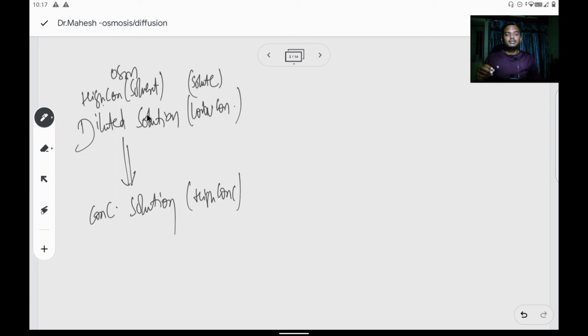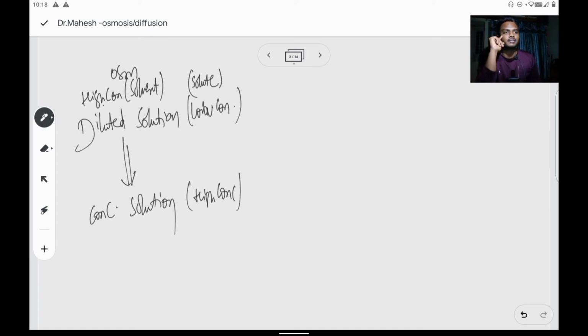Why am I trying to tell you this many words? There is a difference in literature. In some books they tell from diluted solution to concentrated solution. It is non-controversial, very easy to understand, but some say high concentrated to low concentrated through a semi-permeable membrane is osmosis.